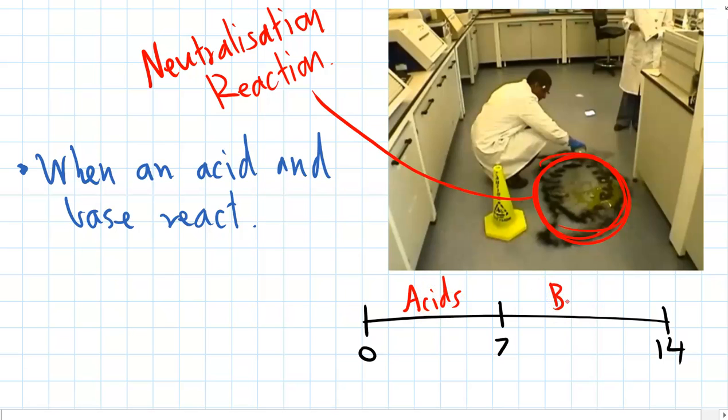And bases between 7 and 14. So if you react an acid and a base together, when they react, you end up with a solution that's around about 7, pH 7, which remember is neutral.